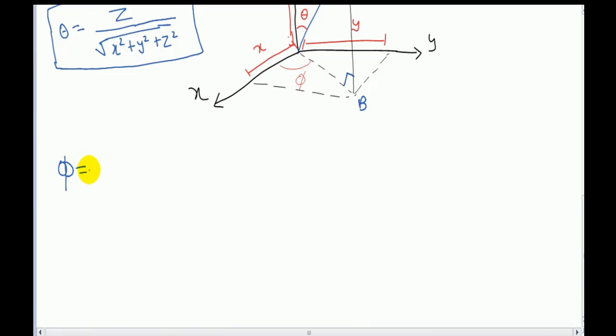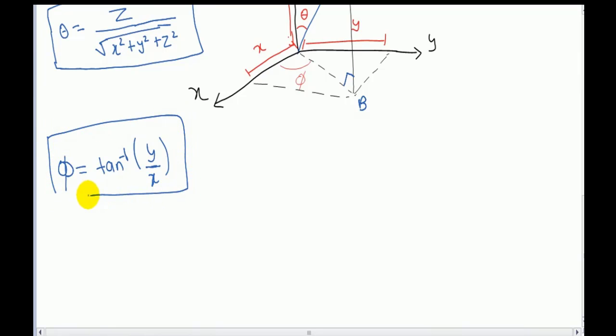So phi is equal to tan inverse y by x. This is how we can relate rectangular to spherical.